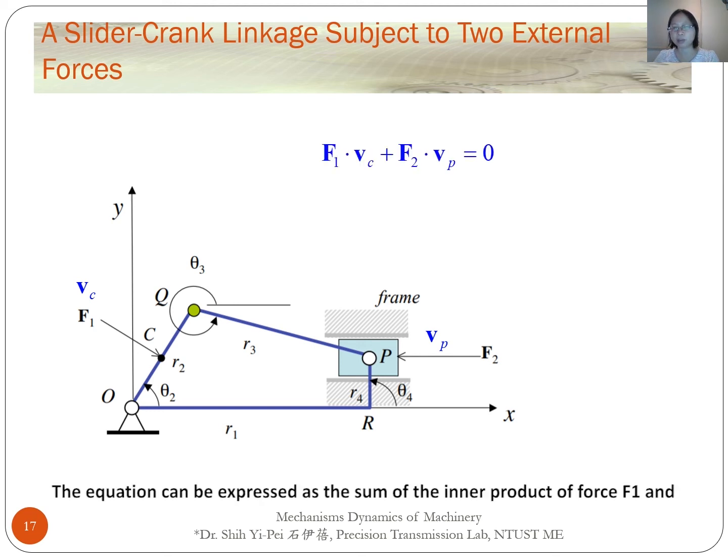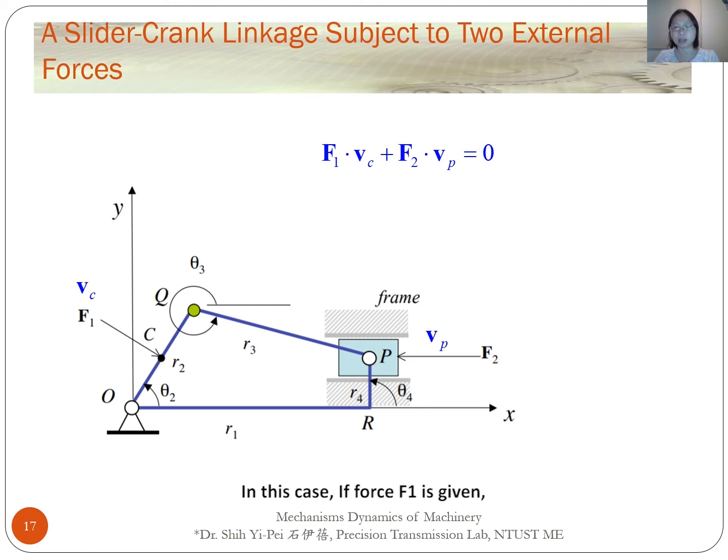The equation can be expressed as the sum of the inner product of force F1 and the velocity Vc and the inner product of force F2 and the velocity Vp. In this case, if force F1 is given, we can solve for force F2 by this equation.